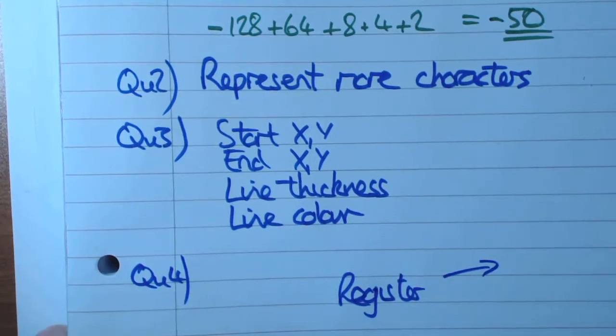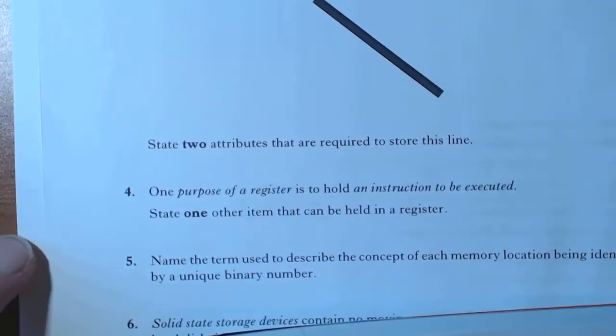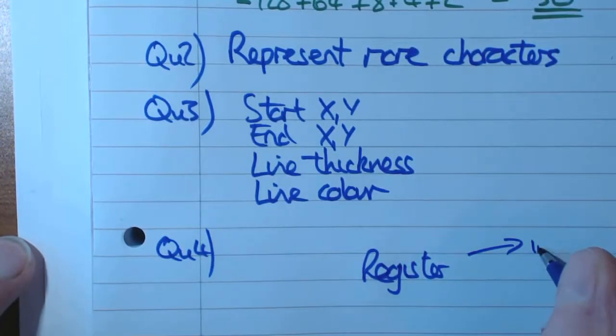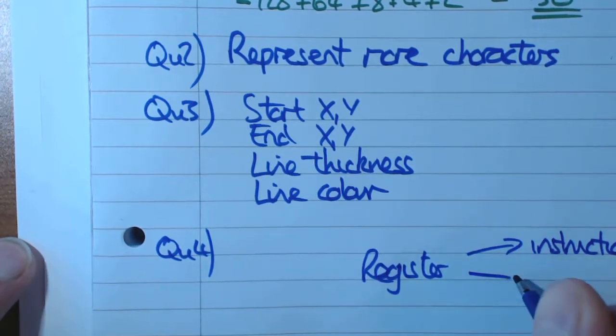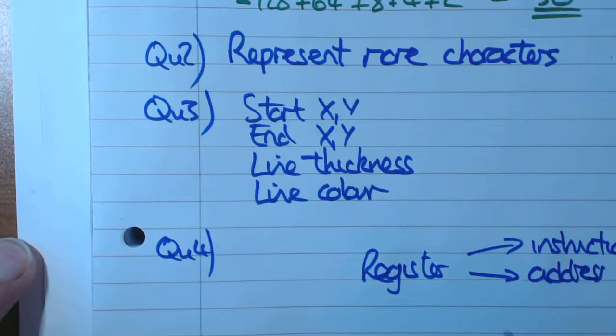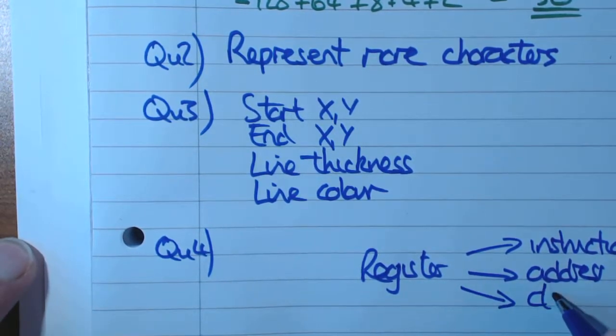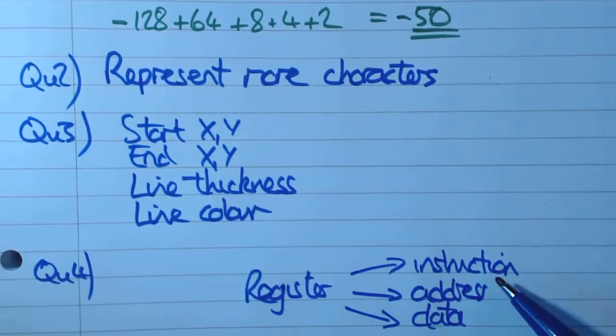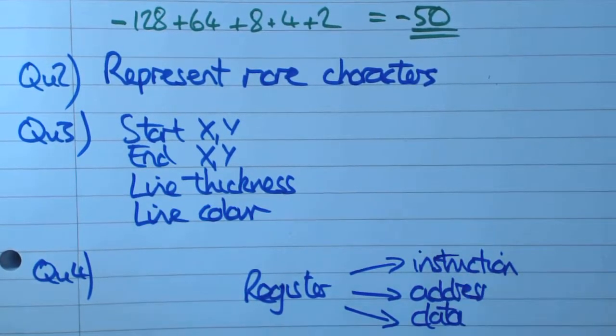And they've already told you that it can hold an instruction, so I've already given you another one. It can hold an address of a piece of memory that it might be taking an instruction from or placing an instruction in, and it can hold data, so it might be a value taken in from the user. So that's essentially what registers can hold.